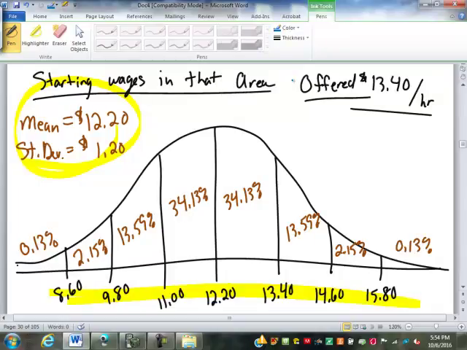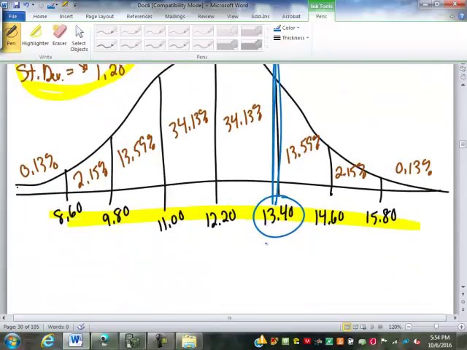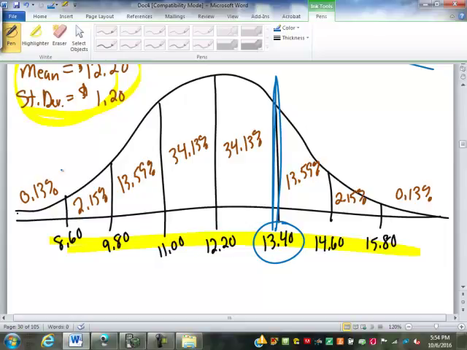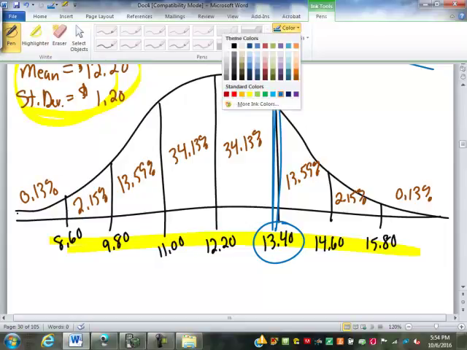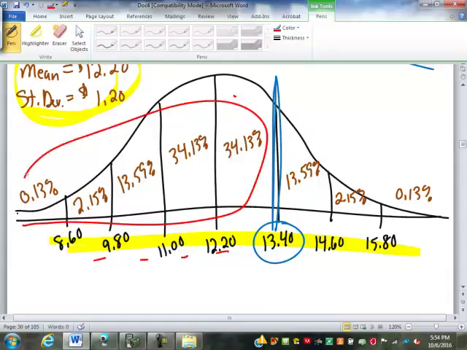What is this telling us about our offer? Well, $13.40 falls right here. What information does that give us? If I add up all of these percents on the lower end, these are the numbers that are smaller than $13.40. If I add all those up, that is 84.13%.